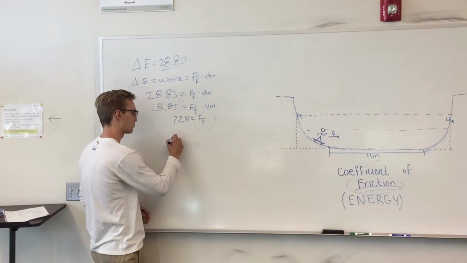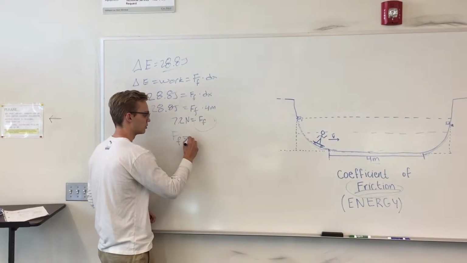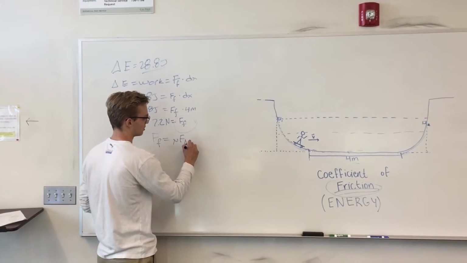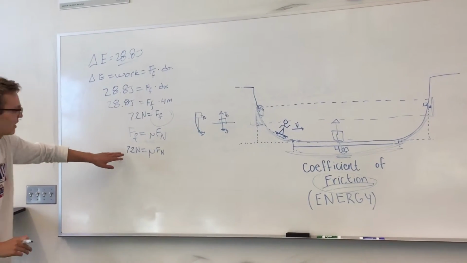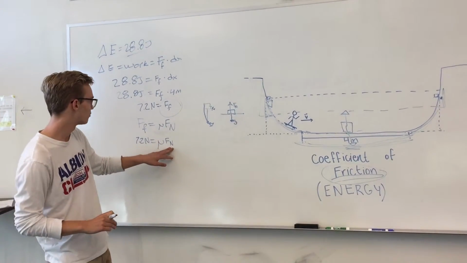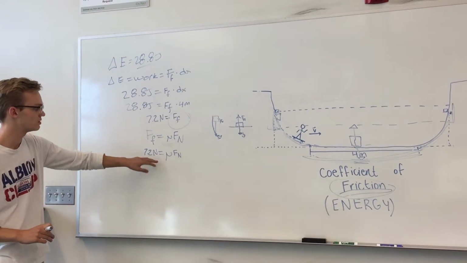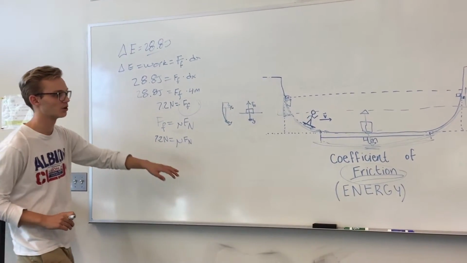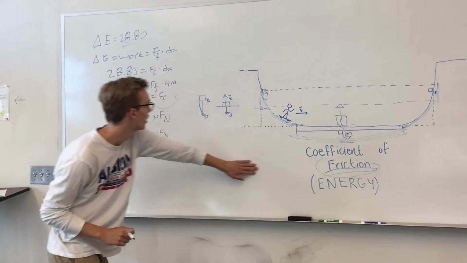We know that the force of friction equals mu times the normal force. Alright, so if we can determine that mu times the normal force, our force of friction, equals 7.2 newtons, then we can just divide by our normal force to get our coefficient of friction, which is what we're looking for.